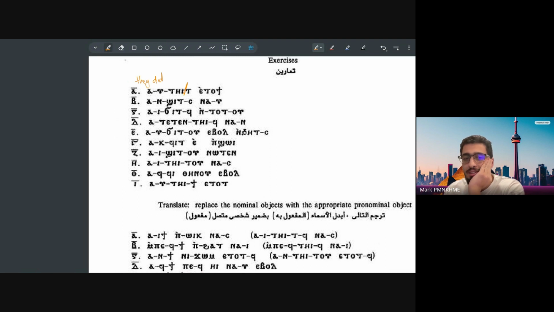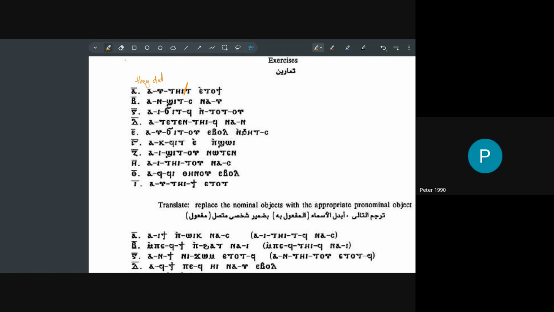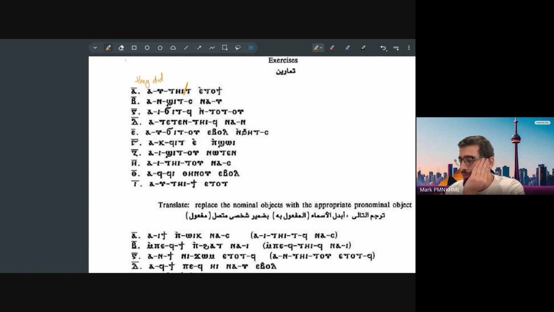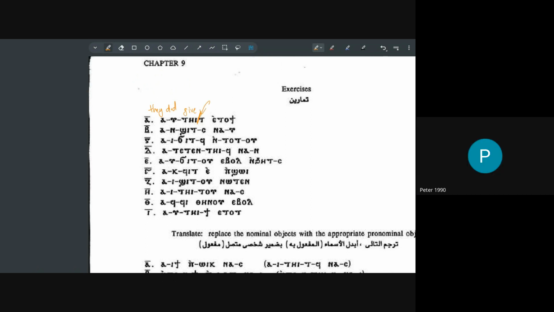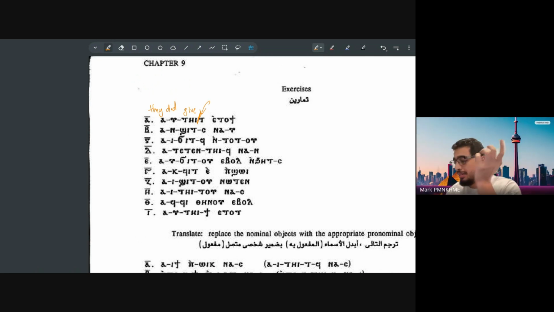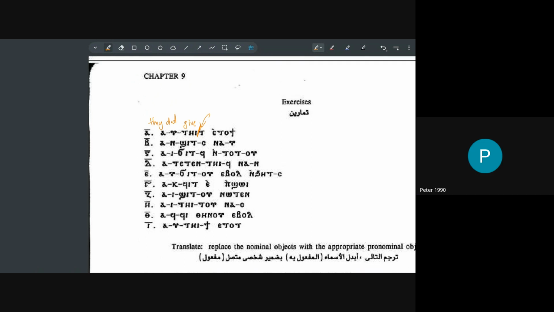What's ⲏ? Whenever you have this form, the end is always the pronoun. So what's ⲏ? Give. Yes, they gave. That they did give. What's the T? I think T is like an object pronoun, so it will be me. Yes, that's it. That's perfect.